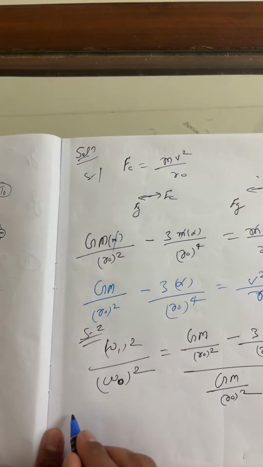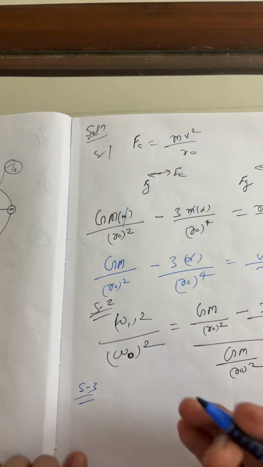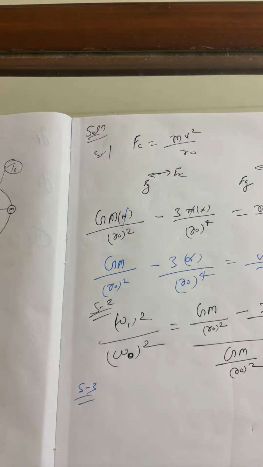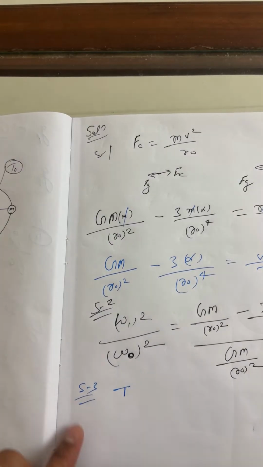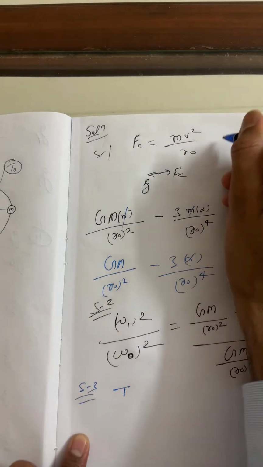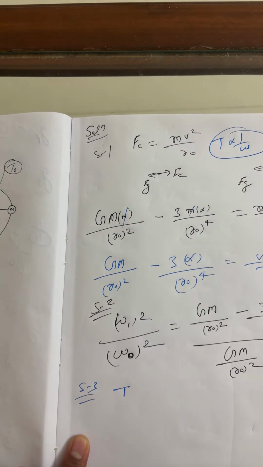In step 3, we are interested in finding the time period. Time period is inversely proportional to omega, right?